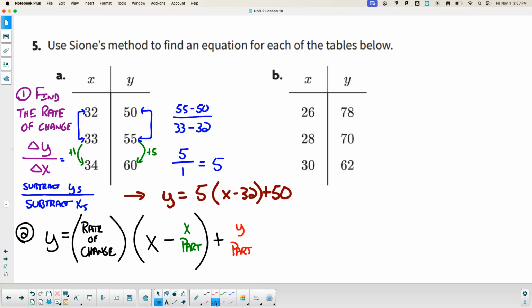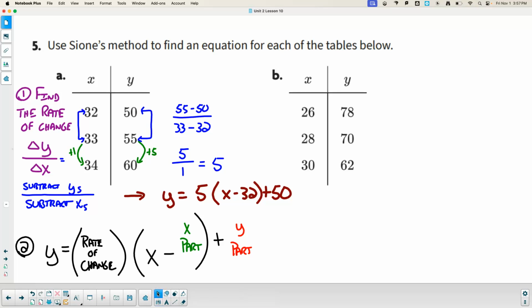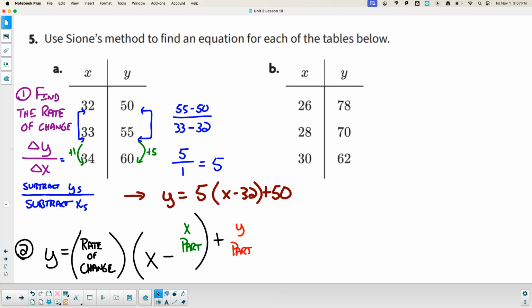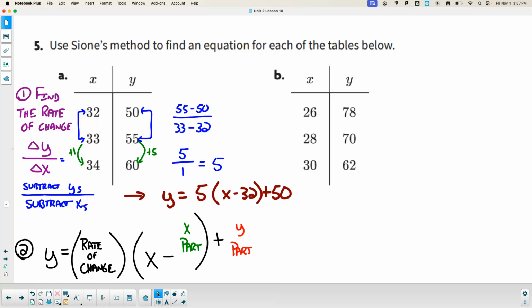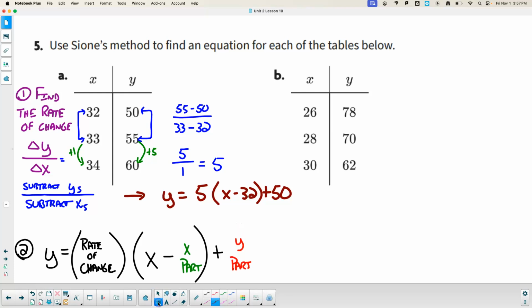Oops, I ran out of space. Maybe I can move this down here a little bit. Oops, tap the brakes. If I choose the second line, x minus 33 plus 55.